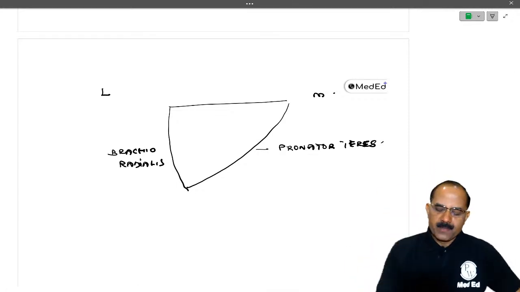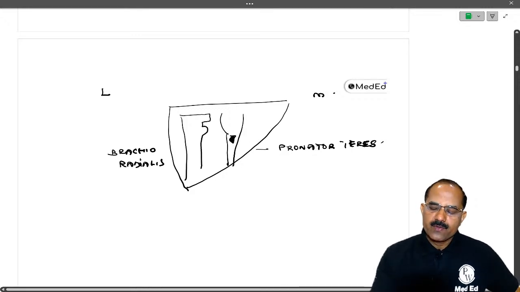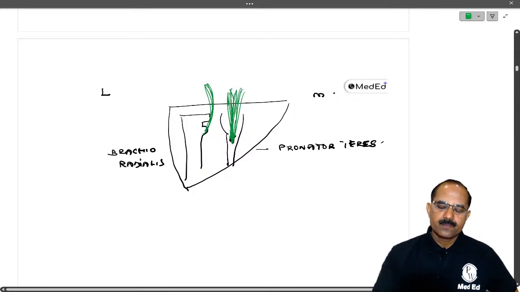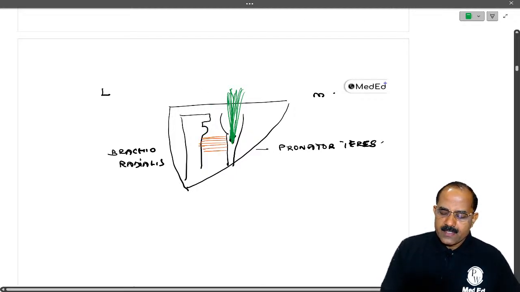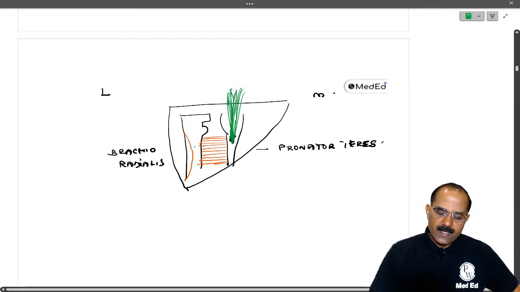What forms the floor? Can anyone tell me the floor of the cubital fossa is formed by which muscles? I have drawn the radius and ulna. The floor is formed by two muscles. One muscle is attached to the ulna, and one muscle begins from the ulna and gets attached to the radius.